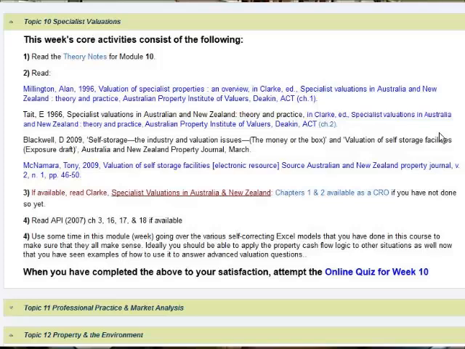Those of you who have read through the readings and the notes for this topic will have already discovered that ultimately specialist properties tend to be valued the same way as other properties, but with more of an emphasis on the income approach.